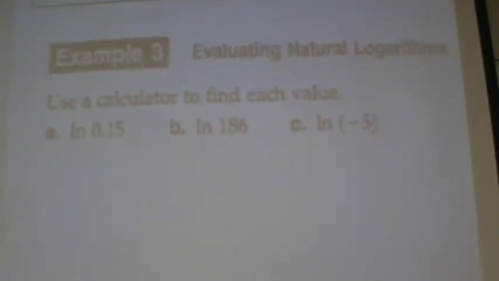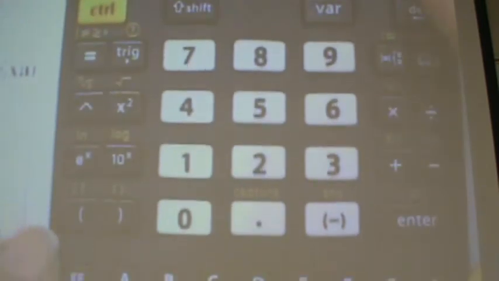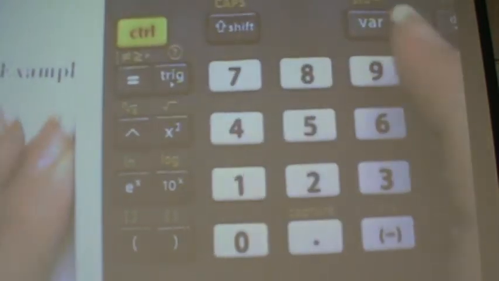Example 3 is super easy. Use a calculator. So all you have to do is figure out how to get to the LN button on your calculator, which is above the E button, so you're gonna hit second e to the x, which is ln, right there, and then type in 0.15.